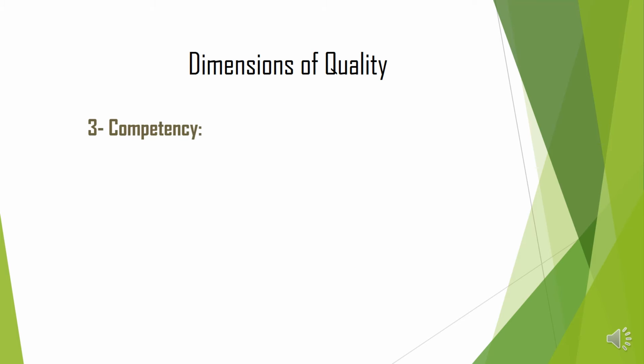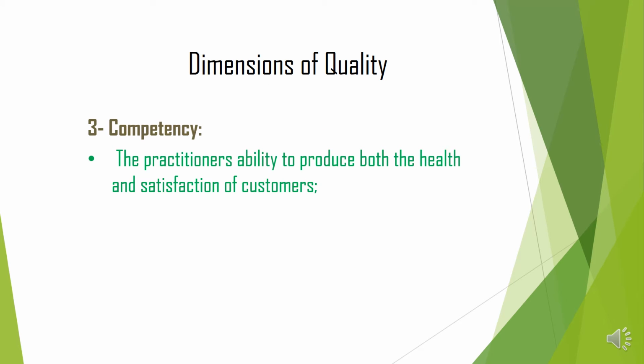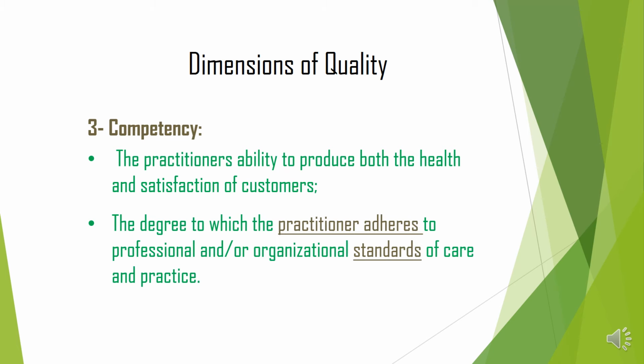The third dimension is competency, and the definition of competency is the practitioner's ability to produce both the health and satisfaction of the customers. If your staff are competent and able to give good services that cause satisfaction for the customer, it's called competency.